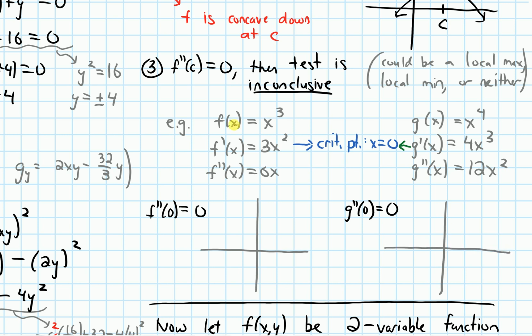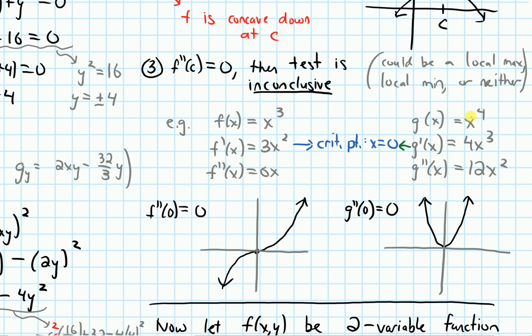So what does the graph of x cubed look like? Well, x cubed is the graph that sort of snakes upwards. It's momentarily flat at the origin, and then it continues snaking on up like this. The graph of y equals x to the fourth is really similar to the graph of y equals x squared. It's just a bit narrower, because the y values get bigger a whole lot more quickly.